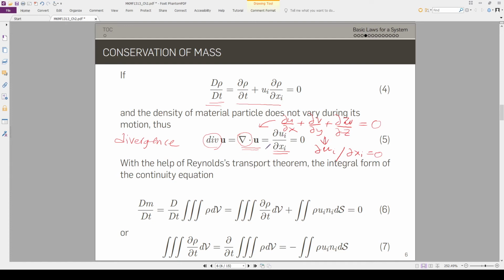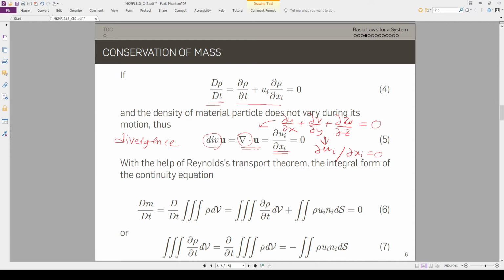It is just how it is written or appears that is slightly different. The mathematicians don't want to write a lengthy equation, so they simplify the equations similar to the one that we have in equation number 5.